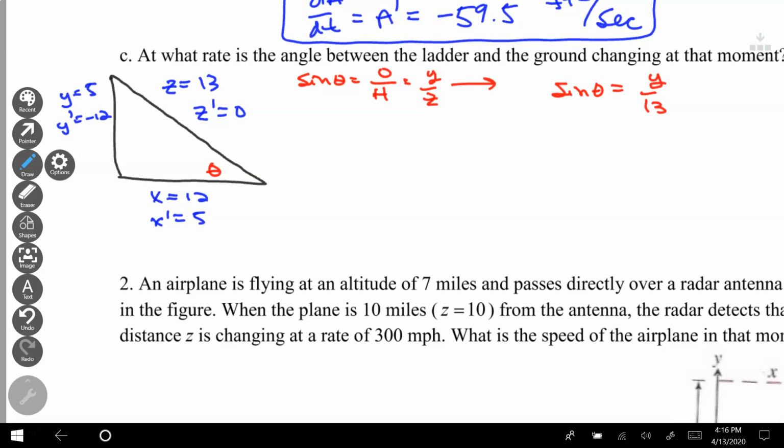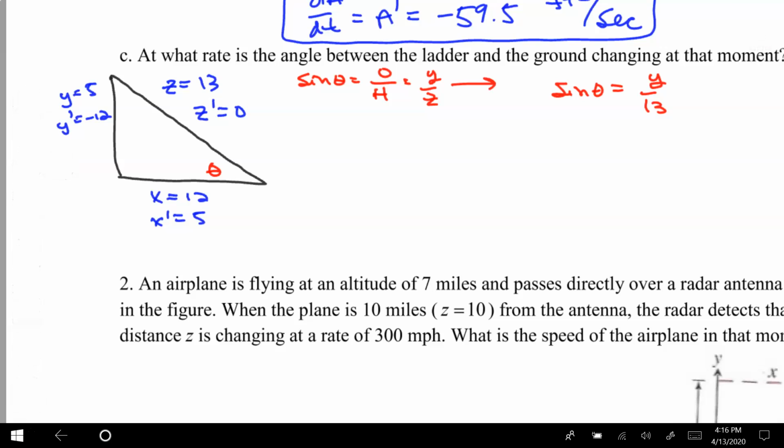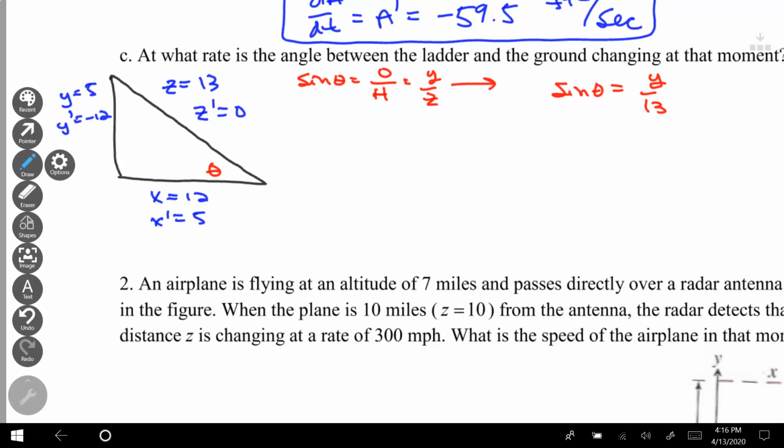So I redrew my picture down below at part C because I can't see it up at the top because I scrolled my page down. I had to figure out how the angle is changing, this theta in red, and I use sine, opposite over hypotenuse, which is side y over side z, and I like using side z because z is constant.